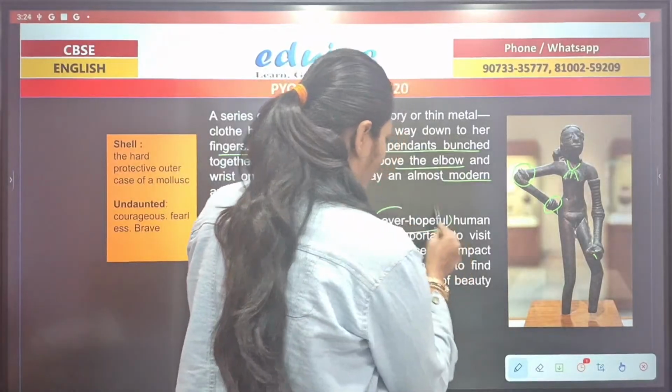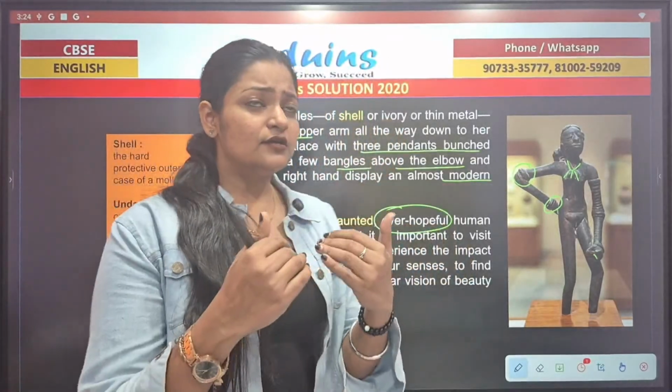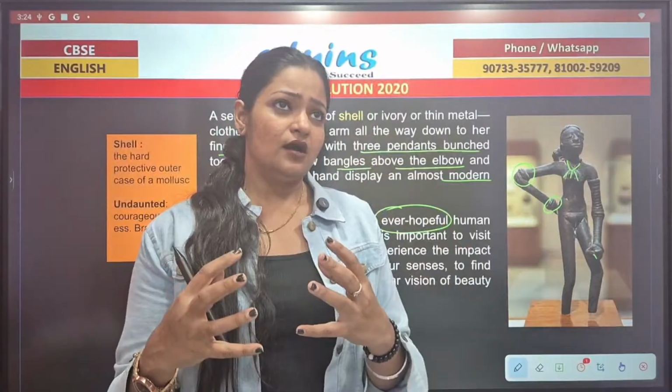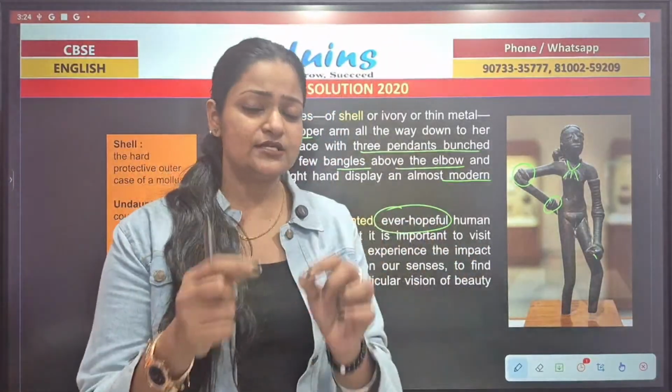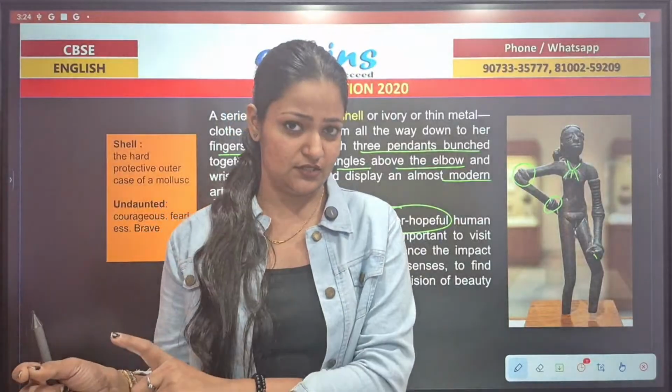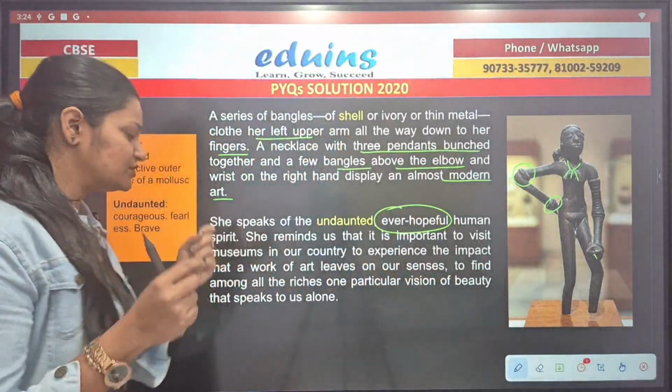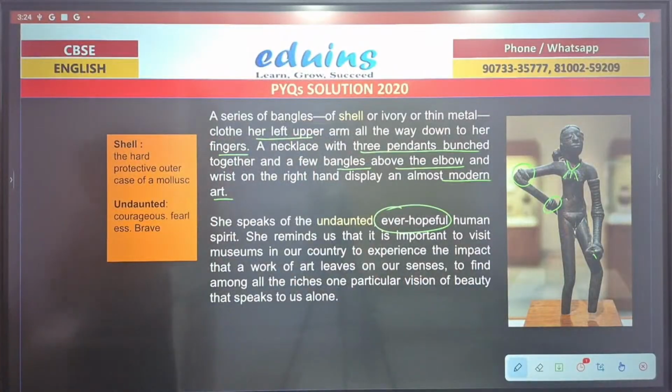So ever hopeful means maintaining a constant optimism in his or her mind, or you can say constant positivity. So maintaining positivity, this ever hopeful human spirit, we can say.